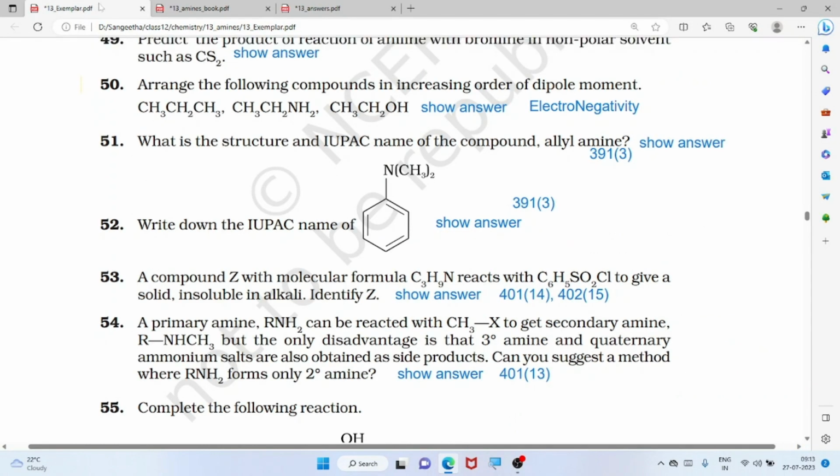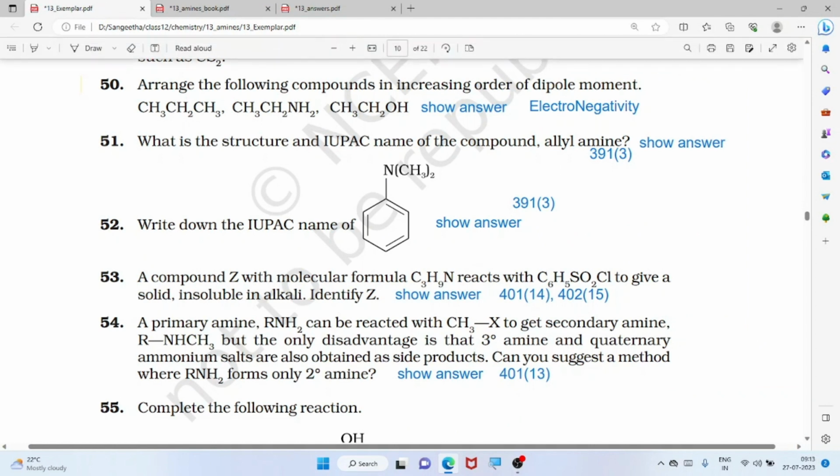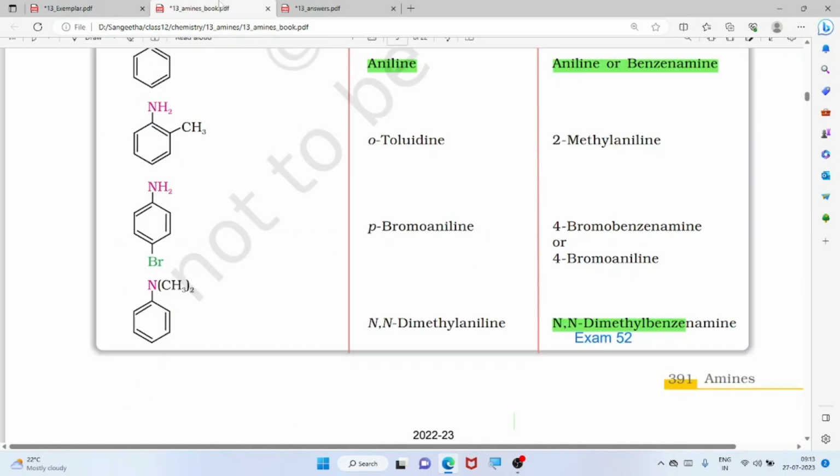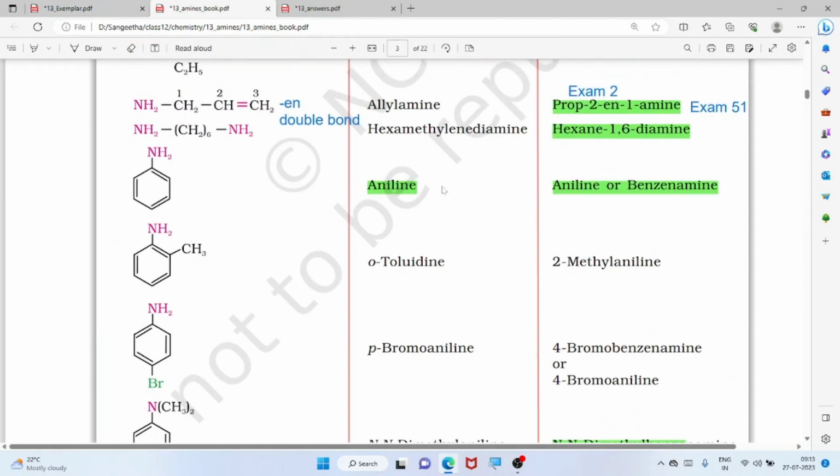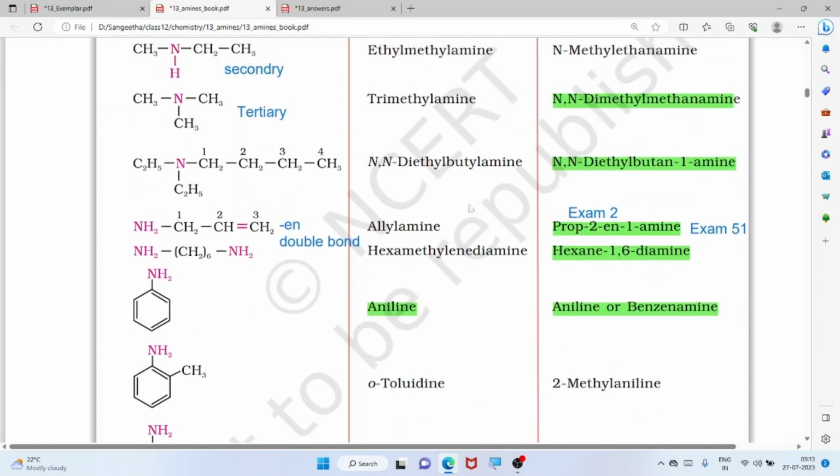Name of the allylamine. 51. Okay. This one. This is the allylamine.